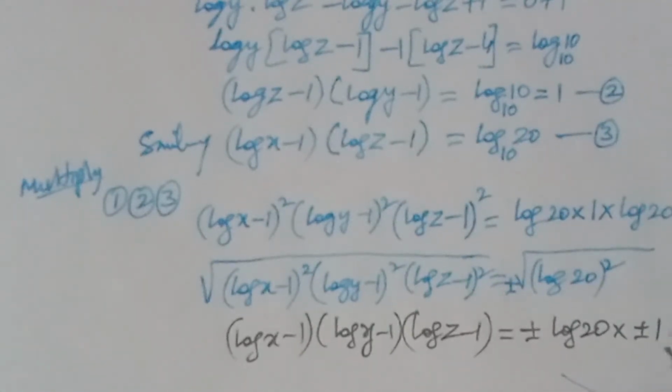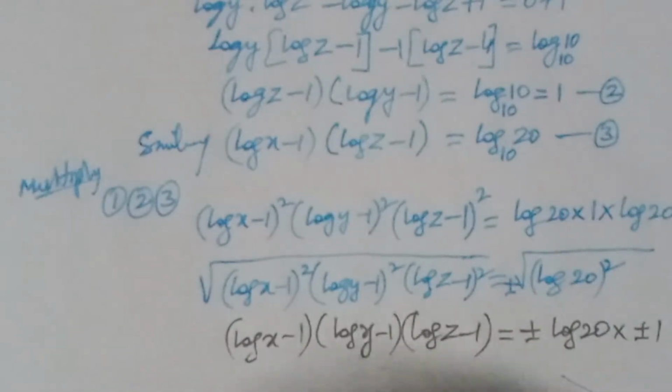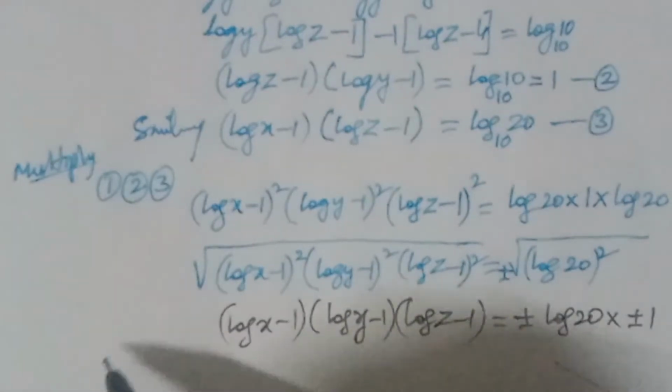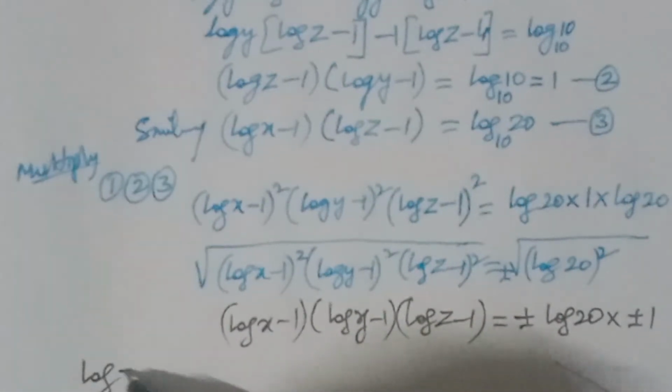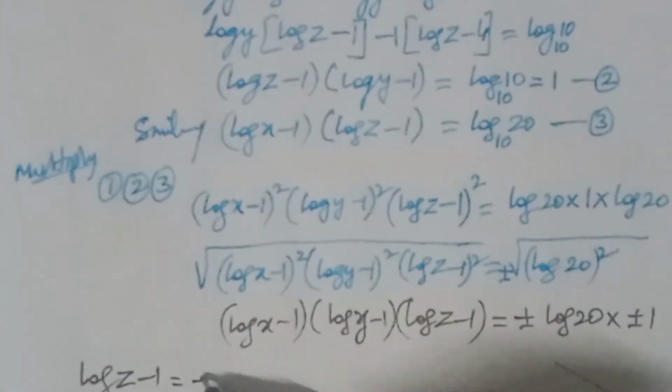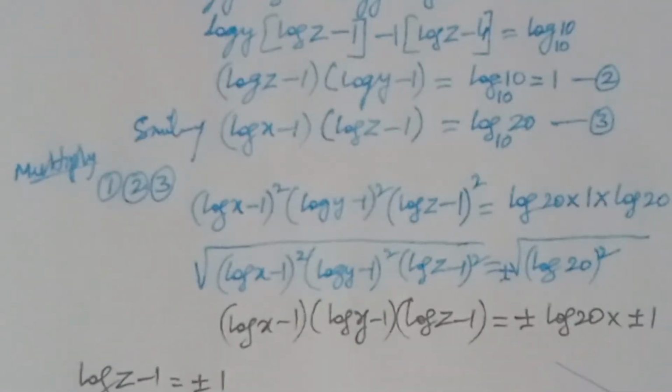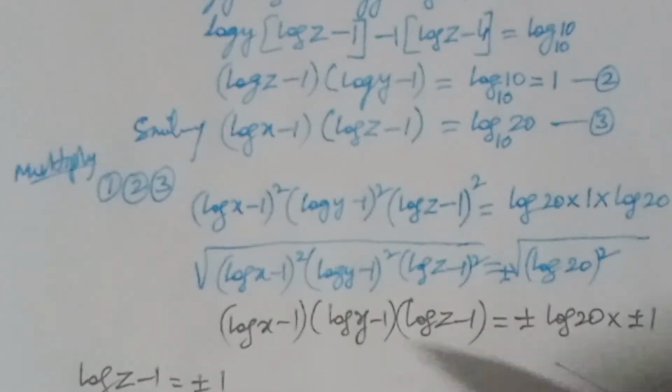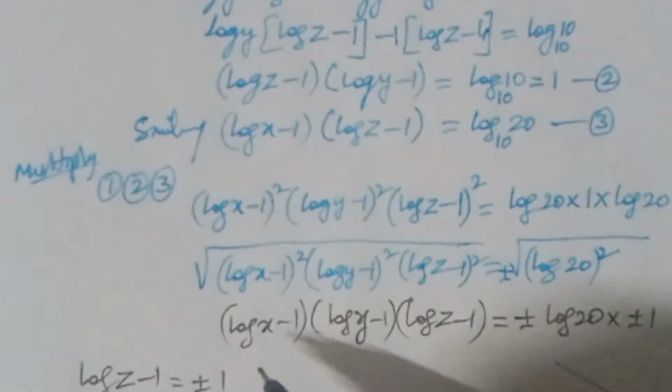You can take another factor, plus or minus 1. This is another logic we are having. So here you can take log z minus 1 is equal to plus or minus 1. Okay, like this we are having the cases.